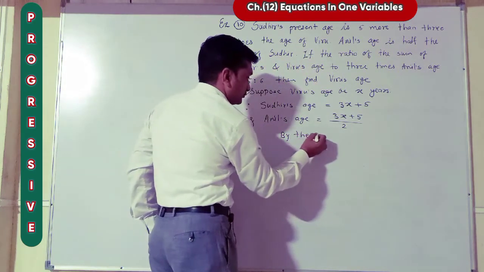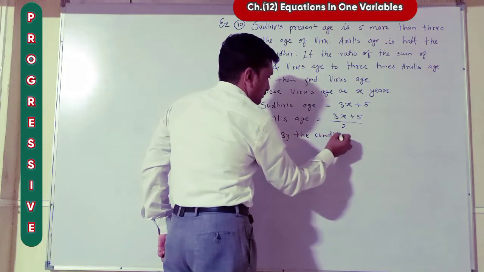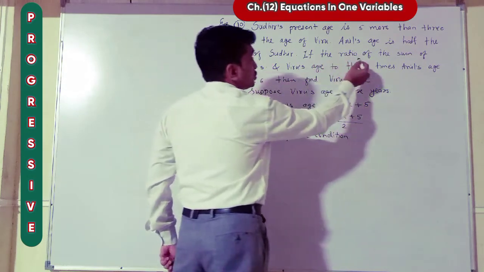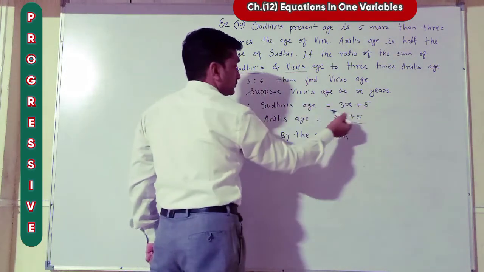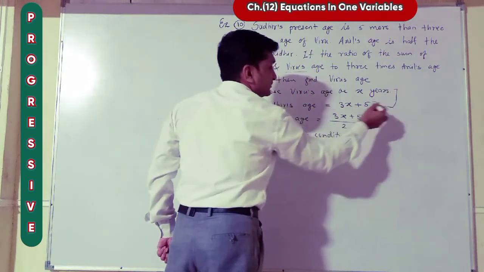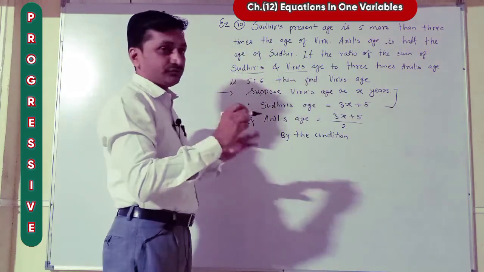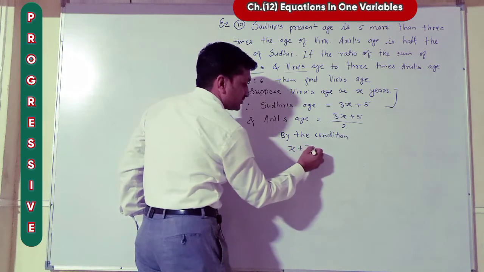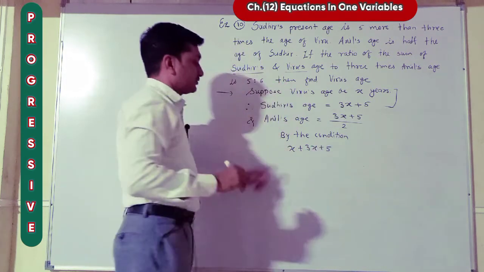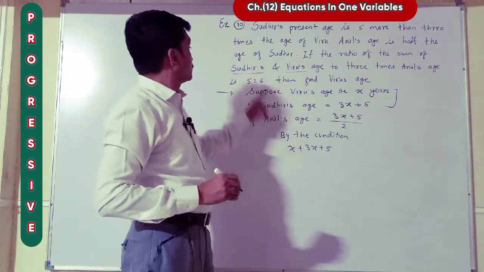By the condition now, condition is the ratio of sum of Sudhir and Viru. Sudhir and Viru, their sum. Ratio of sum means add these two. X plus 3x plus 5. Sum of Viru and Sudhir.